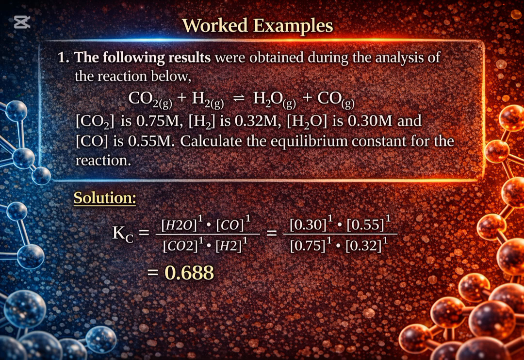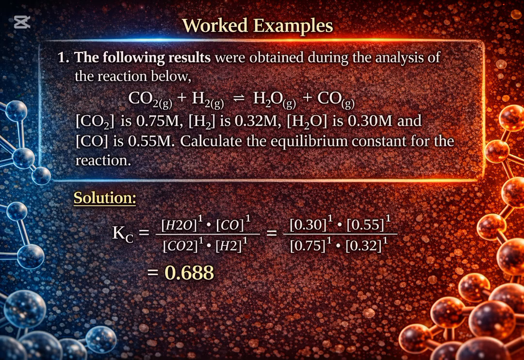In this case, our Kc will be equal to the product of the concentrations of the products over the product of the concentrations of the reactants, raised to the power of their coefficients.